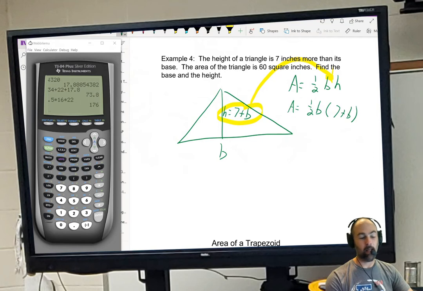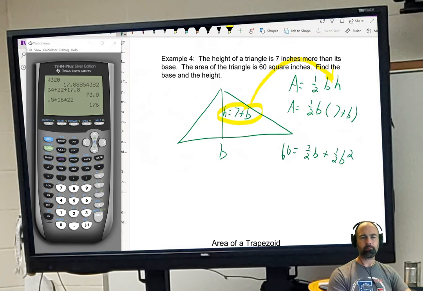Now let's go ahead and plug in the 60. So I've got 60 equals 1/2. Well, you know what? Let's go ahead and distribute this 1/2 b. 1/2 b times 7 is 7/2 b, plus 1/2 b times b is 1/2 b squared.